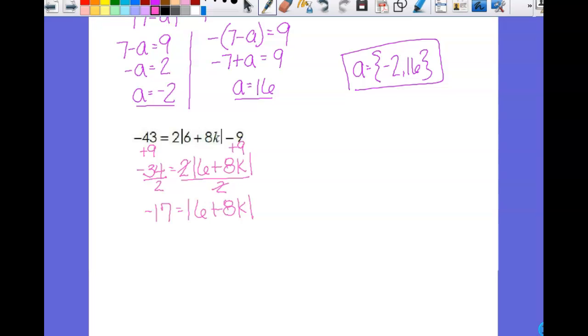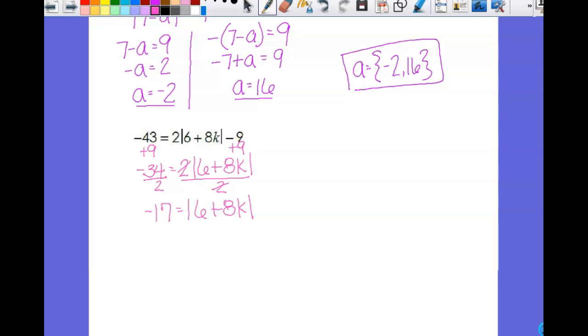Yeah, I think that was just a brain fart. It's fine. We have brain farts all the time, unfortunately. Okay, so you let negative 17 equal whatever's inside of there. And then the other one is negative 17 equals the negative of whatever's inside of there.